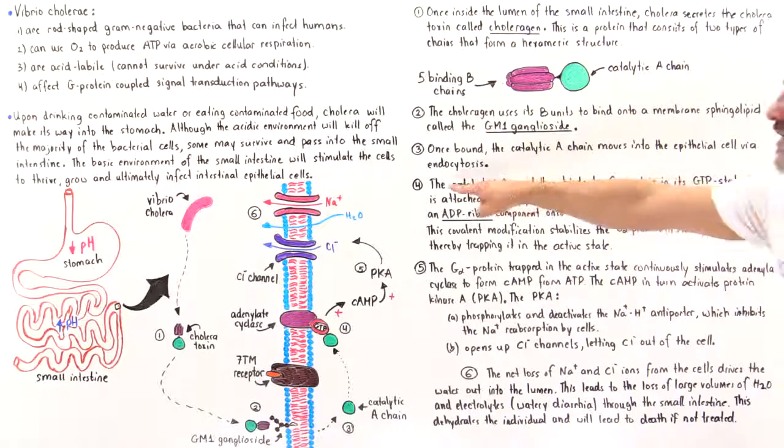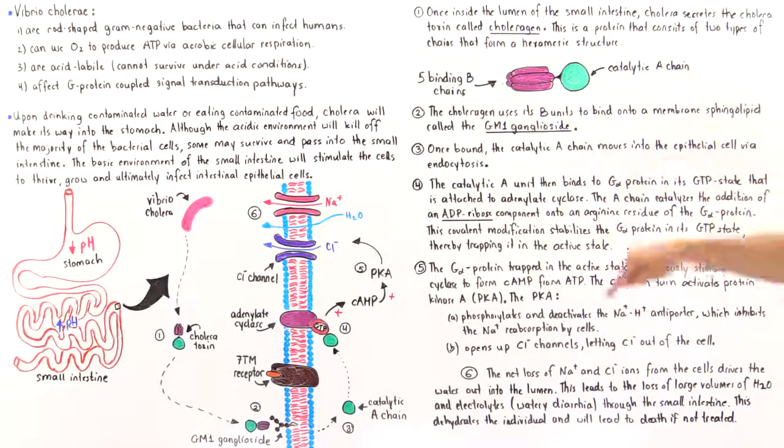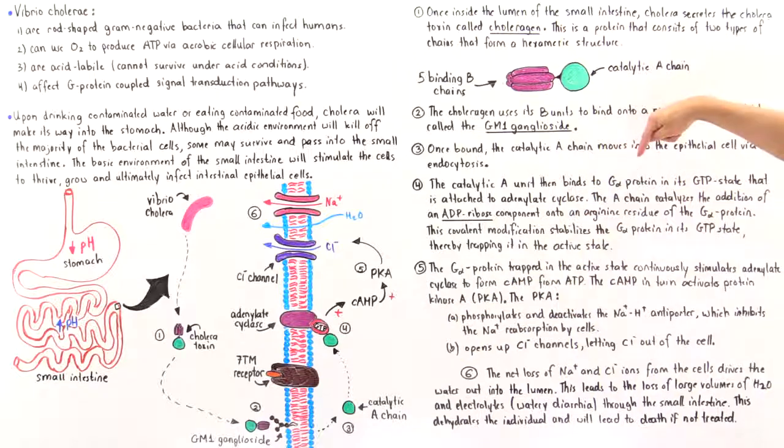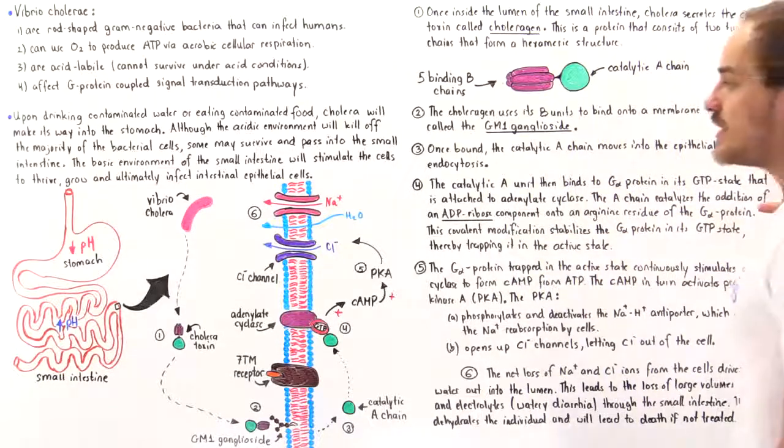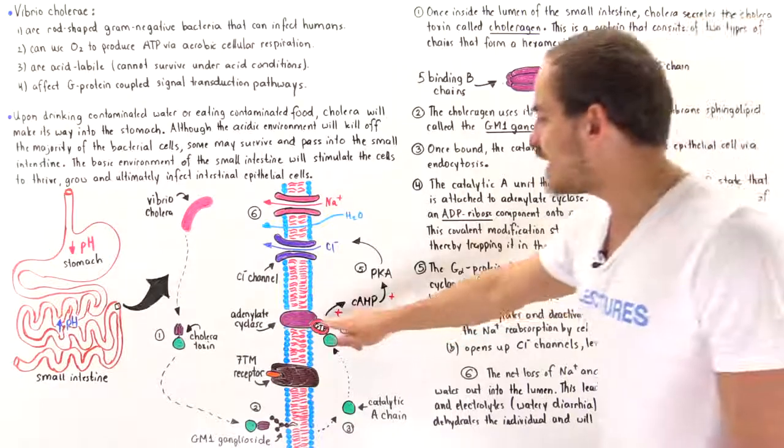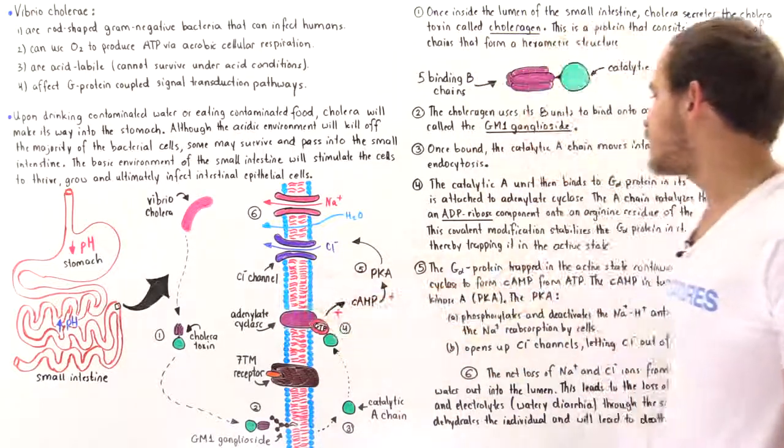So the catalytic A unit, once it makes its way into the cell, binds onto the G-alpha protein in the GTP phase, where GTP stands for guanosine triphosphate. And this GTP-bound protein is attached onto the adenylyl cyclase.